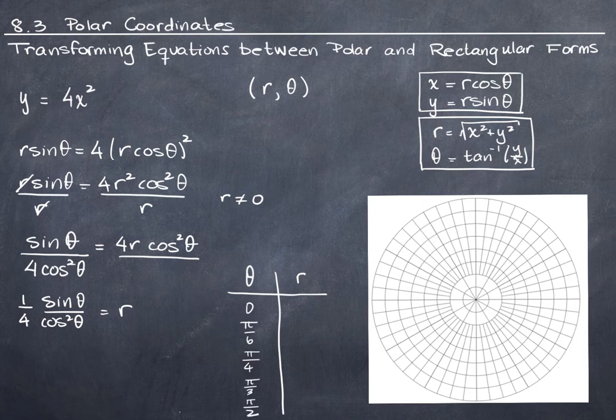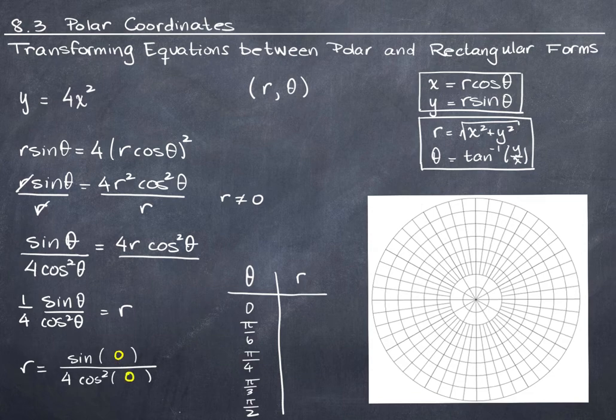Now, what happens when I plug 0 into this equation? I get r equals 1 times the sine of theta over 4 times the cosine squared of theta, and my theta value in this first case is 0.